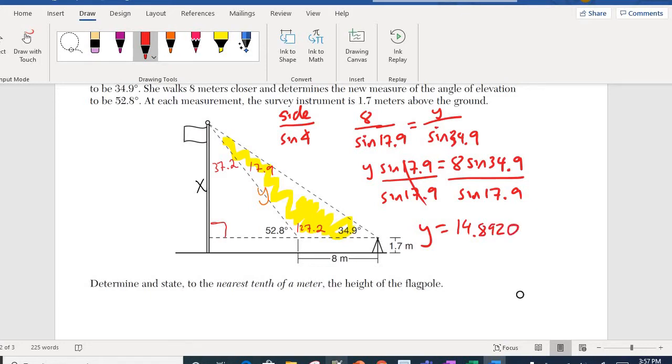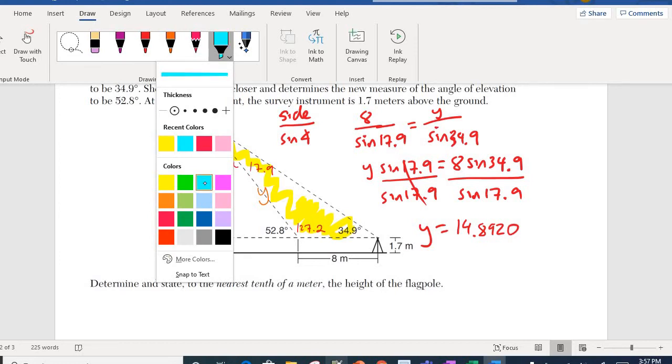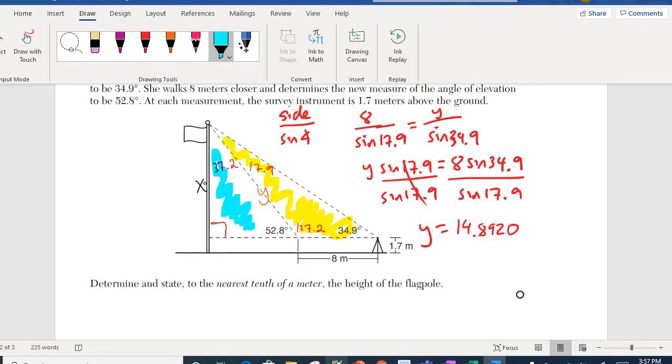All right, so now we're going to use that number and go into the other triangle. I'll call this one the blue triangle. We're going to do the law of sines again.